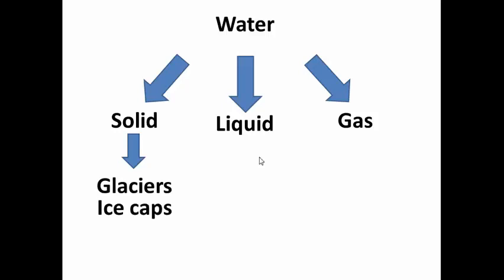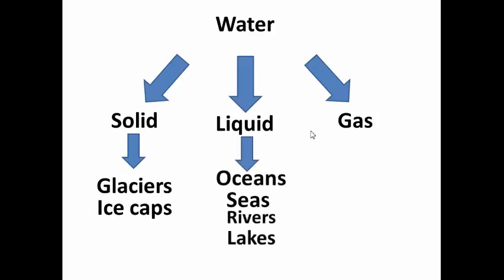We have many examples of liquid water. We have oceans, seas, rivers, lakes, ponds. All these are examples of liquid water. And finally, we have one example of water in the state of gas.